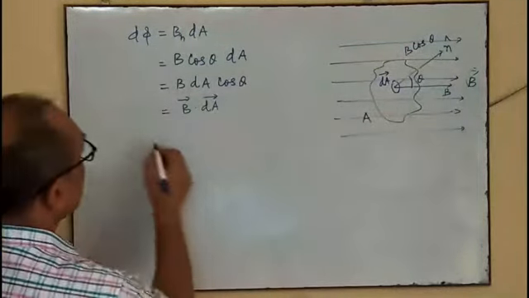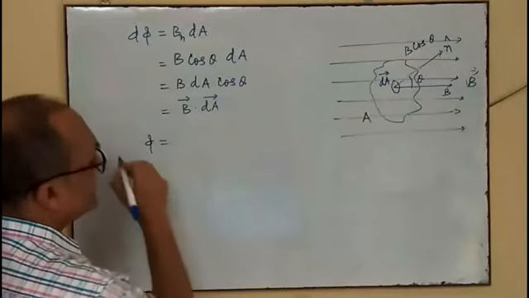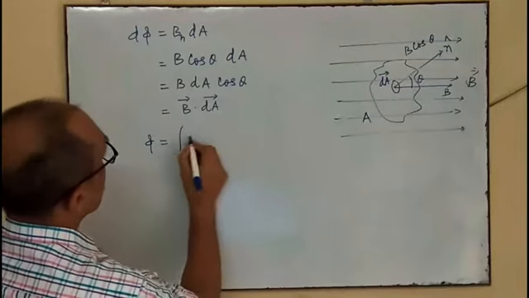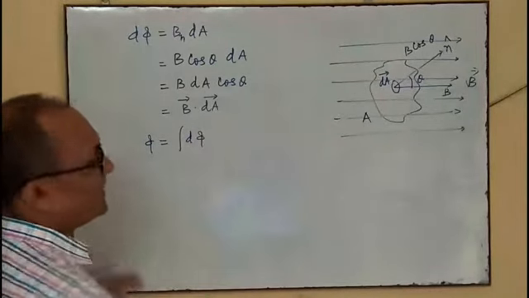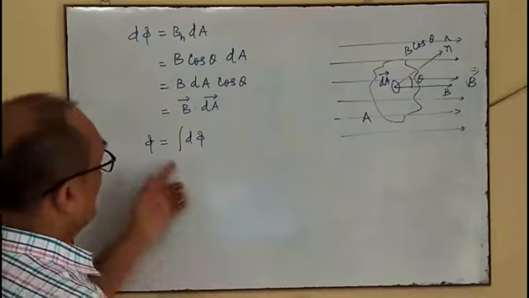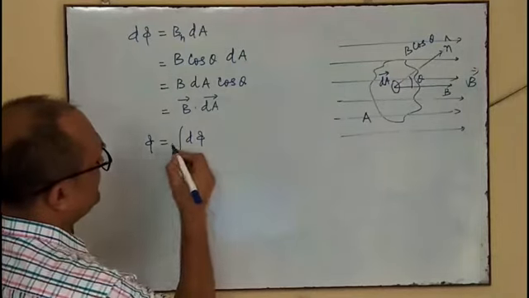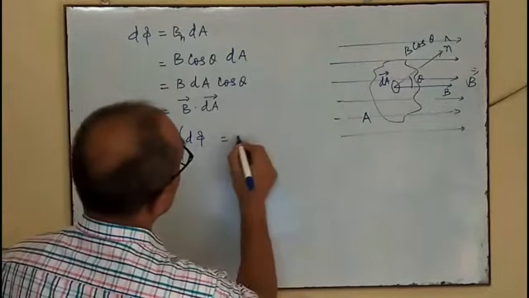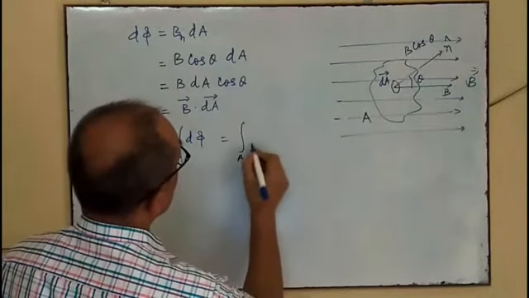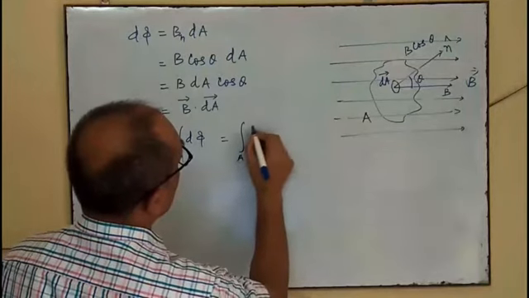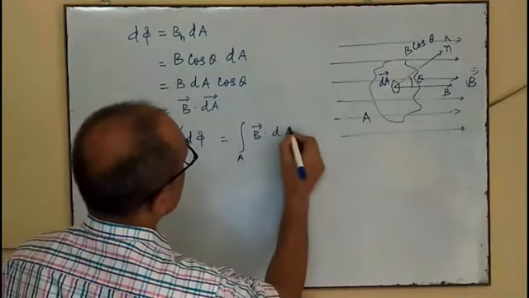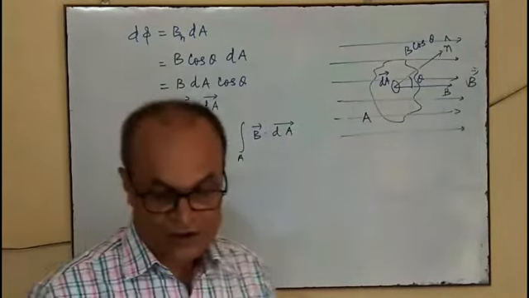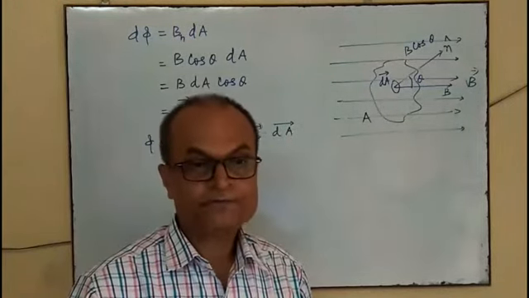Then the flux phi will be the integration of d phi over the whole surface A. This may be written as the integration of B dot dA. I think it is very clear.